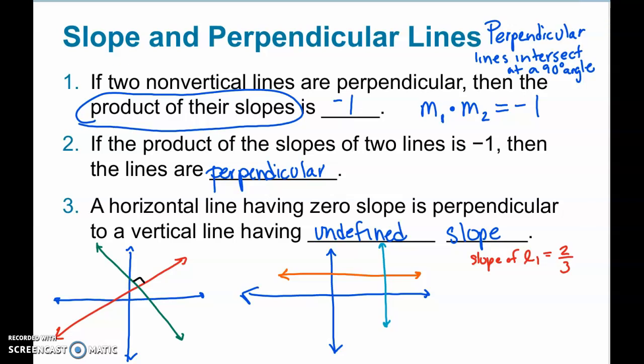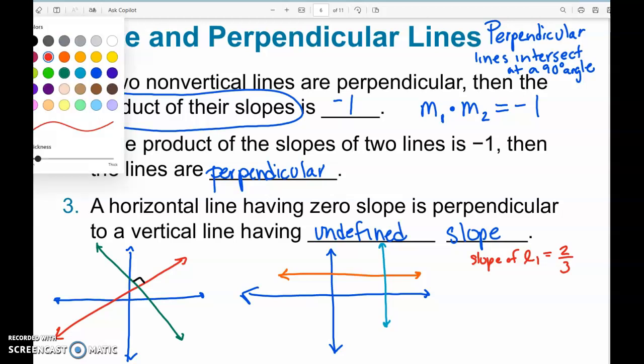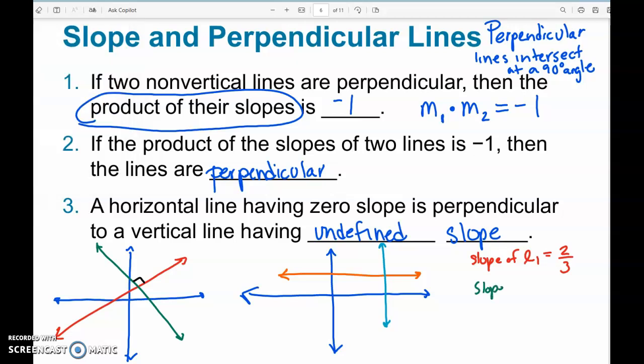I don't know what it is, I'm just making it up. And I could figure out the slope of line 2 just by being given this. The slope of line 2 would have to be what I would multiply this by to get to -1.